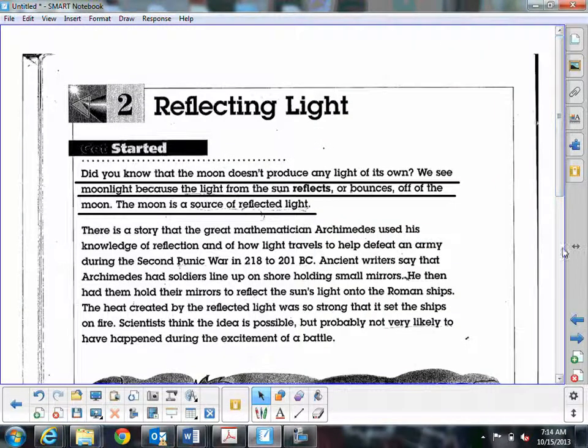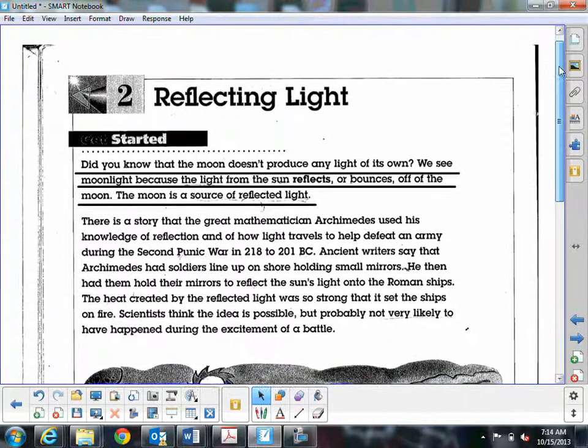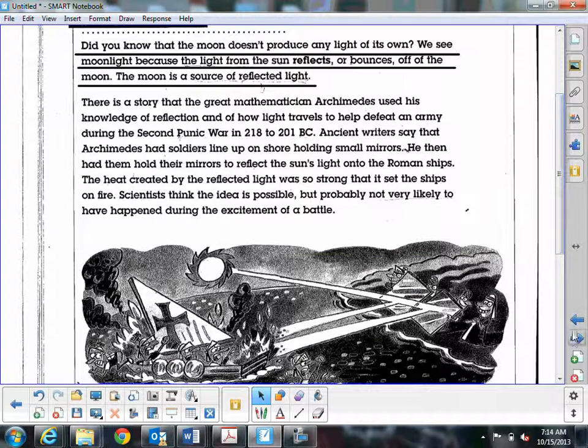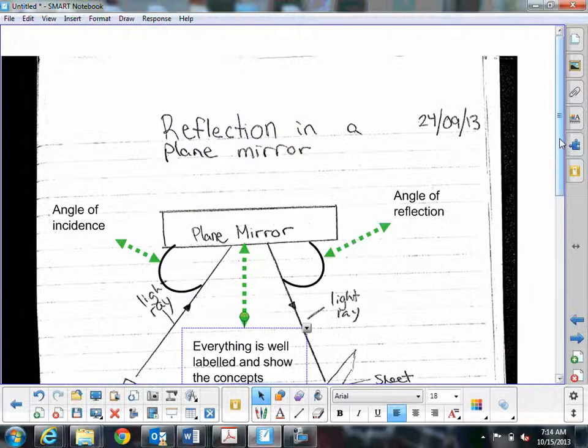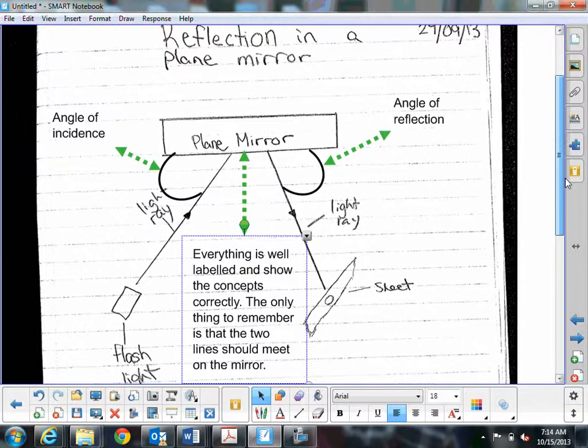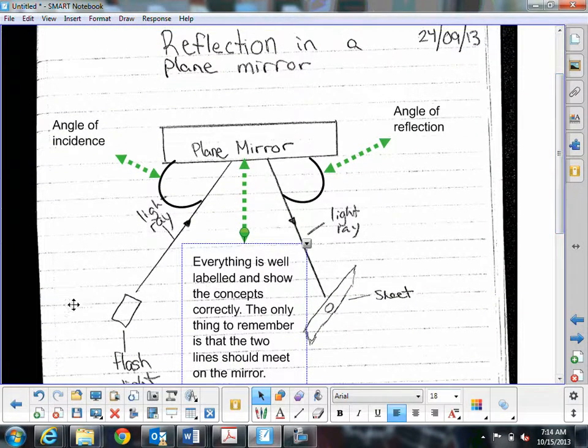Okay, reflecting light, and this highlighted part is something that you might want to pay attention to. In our lesson on reflecting light, we made this diagram. Some important notes: the angle coming in is the angle of incidence and the angle going out is the angle of reflection. This is a well done diagram in which everything's labeled clearly and the lines are drawn straight.